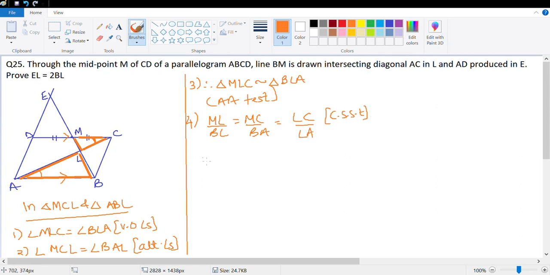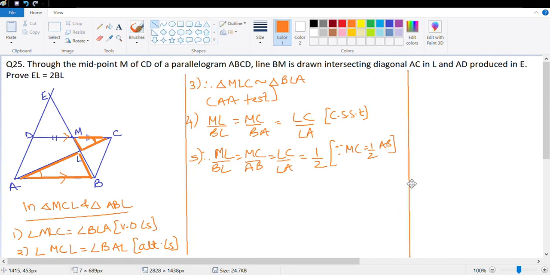Point number 5, therefore ML upon BL is equal to MC upon AB is equal to LC upon LA is equal to 1 upon 2 since MC is equal to half of AB. This is given, right? MC is half of CD, which means it's also equal to half of AB. Okay, now we've got one thing correct.